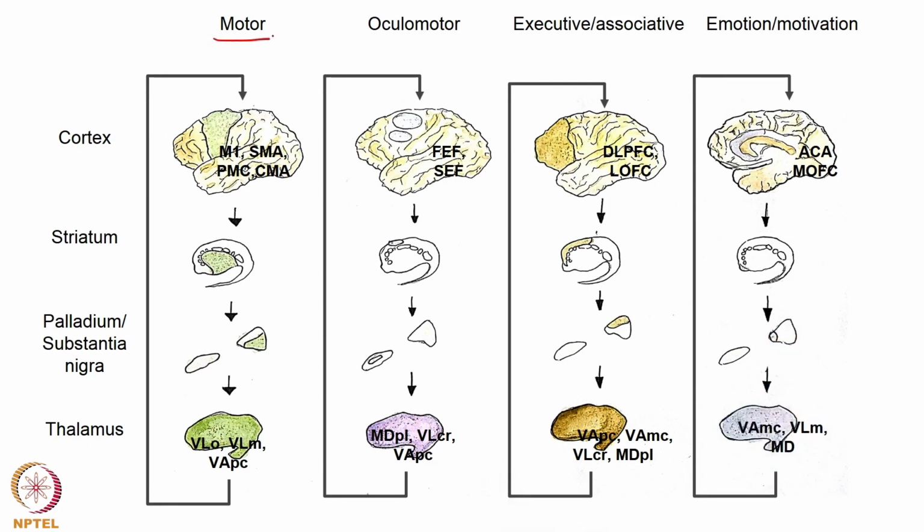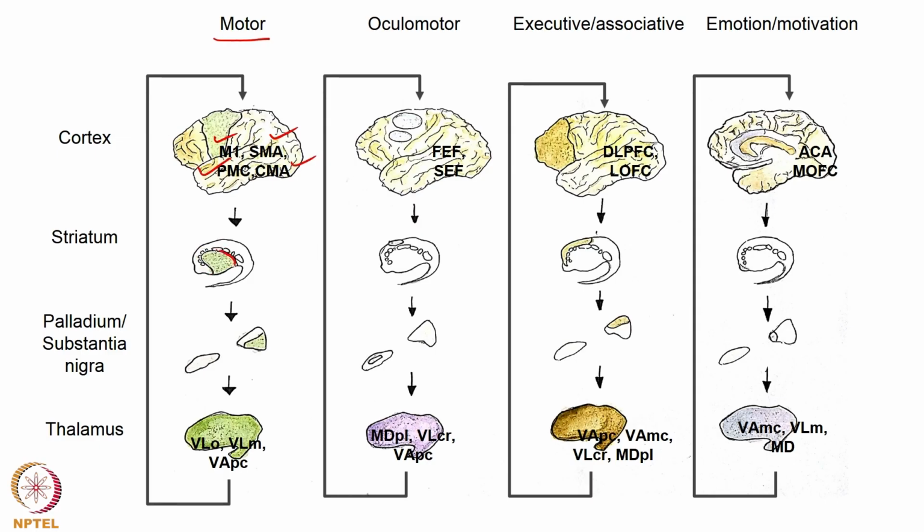Motor functions, basically. Here in this case, inputs to the striatum actually come from motor cortex, supplementary motor area, premotor cortex, cingulate motor areas. From all these areas it comes to putamen, not caudate.